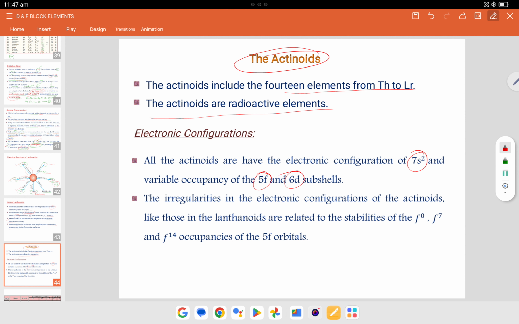The irregularities in the electronic configuration of the actinoids, like those in the lanthanoids, are related to the stability of f0, f7 and f14 occupation of the f orbital.